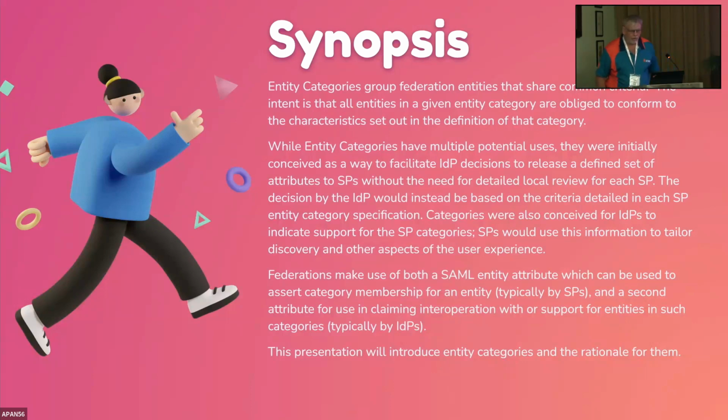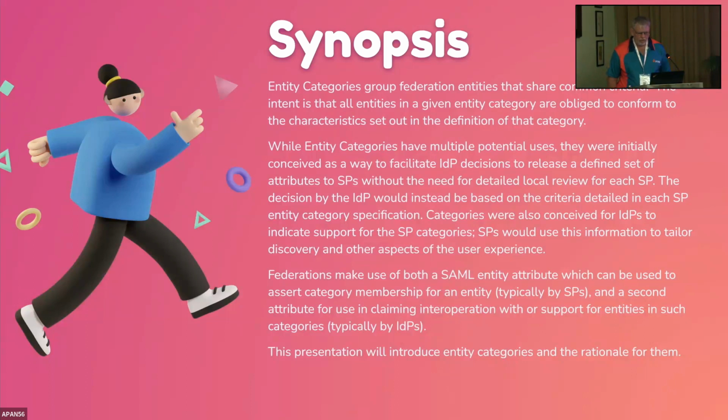And the details are actually buried within each of the entity category definitions. The decision by the IDP would instead be based on the category's details in each SP's entity category specification.